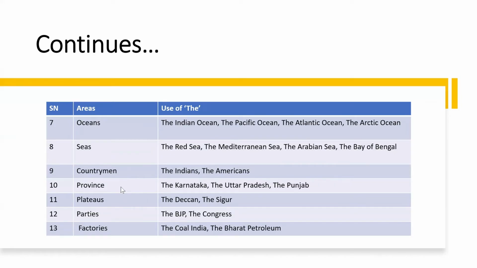Before all the provinces: the Karnataka, the Uttar Pradesh, the Punjab. Before the plateaus, we make use of the definite article: the Deccan Plateau, the Sigur Plateau. Before all the political parties: the BJP, the Congress. Before all the factories: the Coal India, the Bharat Petroleum.